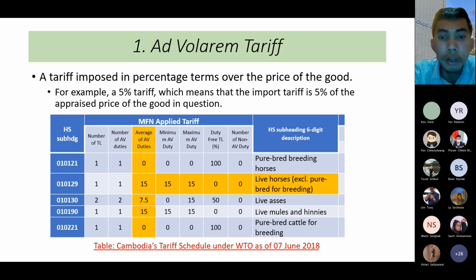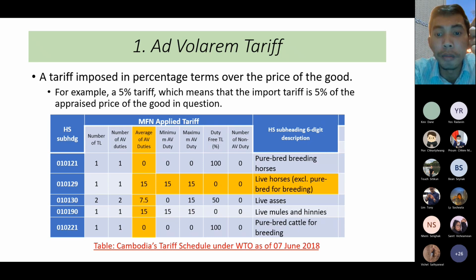What is the actual amount of the tariff of 15% for a horse that costs $1,000 per horse? How much? $150. Exactly. Yes.